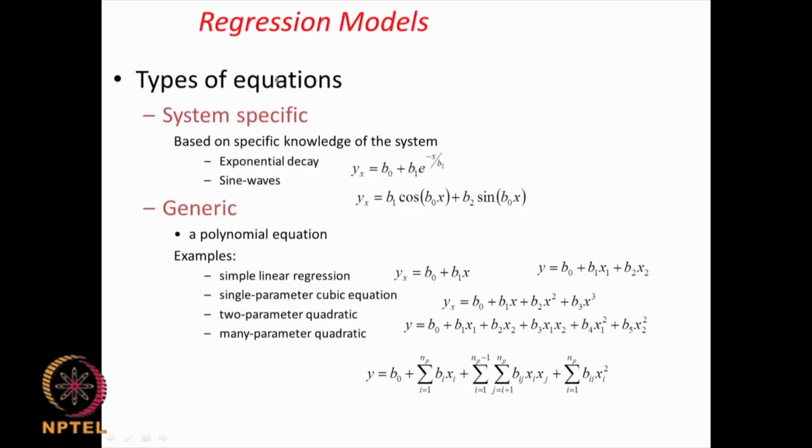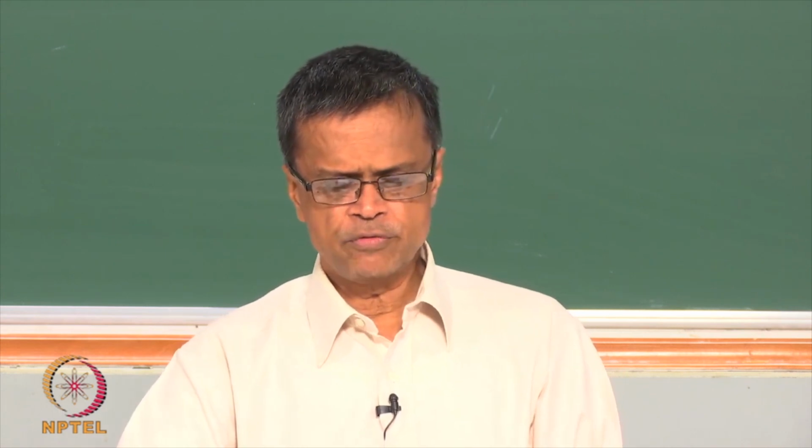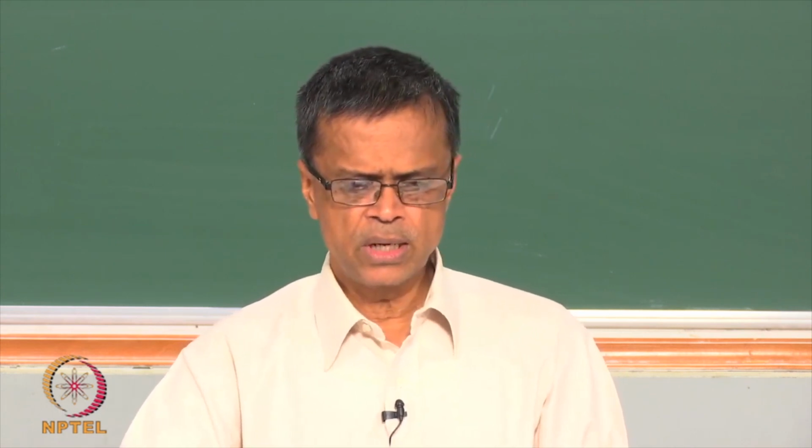Type of regression models, like I said, we can have any type of regression models. If you know the physics, you can have, say, some sort of an exponential decay, drug release from a drug carrier may follow an exponential decay model.